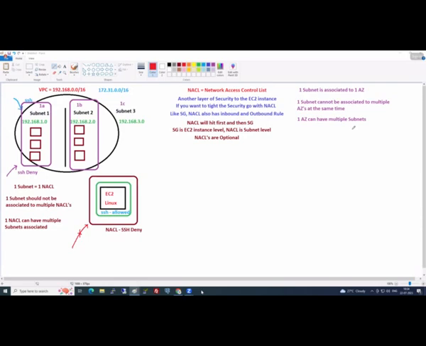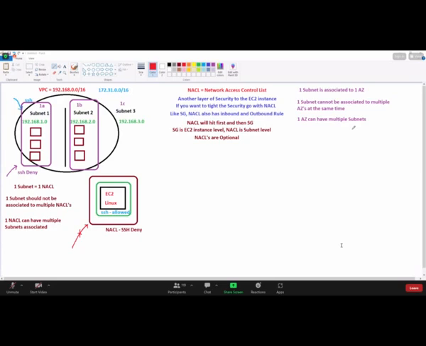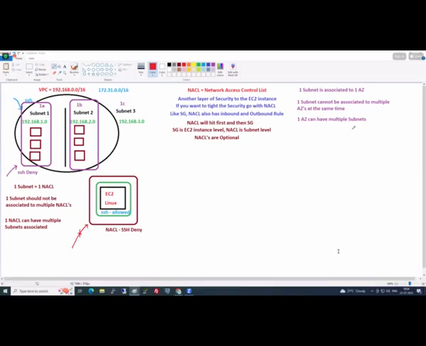Okay, is it clear? What are NACLs? Should I write the differences between security groups and NACLs now? Like we did in our childhood, in our notes, we see the differences. Now, putting a line. Let's do that.